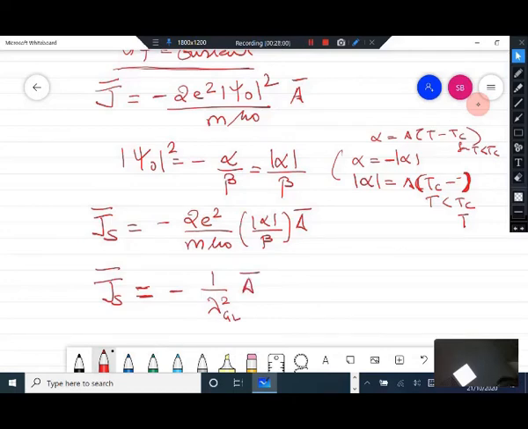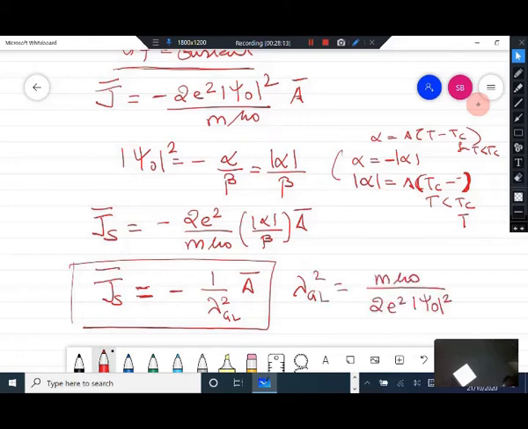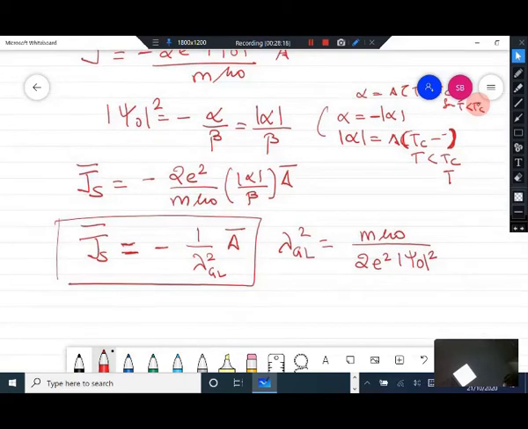Dimensionally this lambda is also a length square. If you try to balance the dimensions in this expression, this lambda GL square is nothing else but m mu naught by 2e square mod psi naught square. This anyway is the density of Cooper pairs. You see that this lambda is very reminiscent of penetration depth.